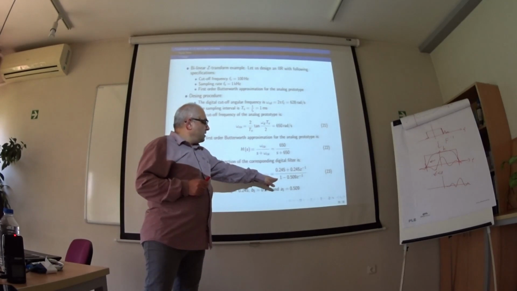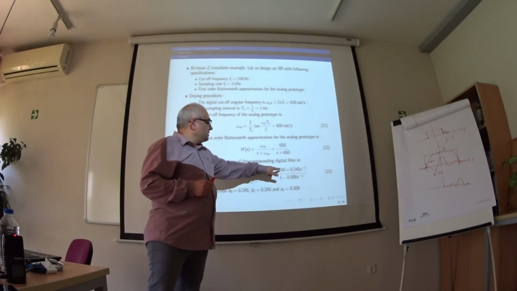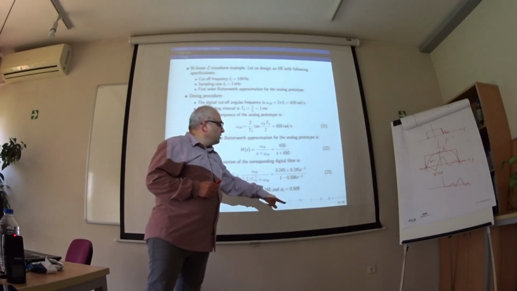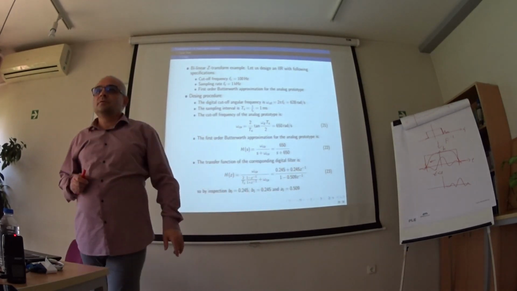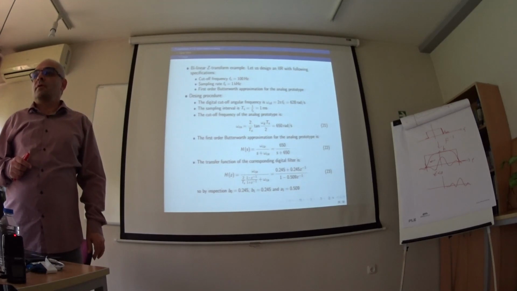We get this, and by inspection we see this is B0, this is B1, this is A1. And our digital filter is ready. Okay.